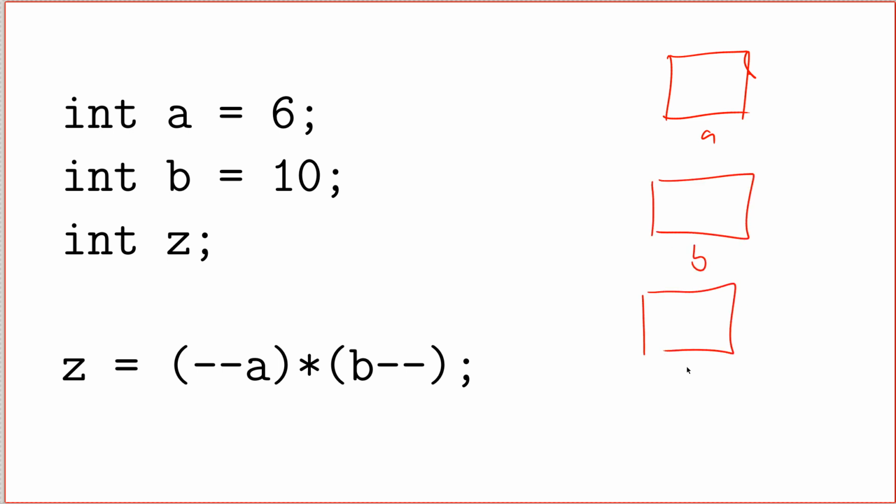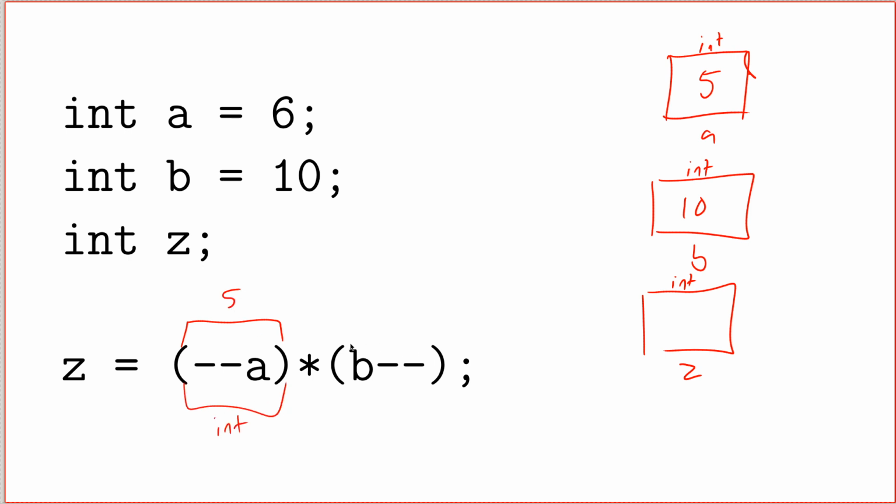We've got the widescreen version of B and Z. There we go. A is 6 and B is 10. Okay, minus minus A. This is pre-decrement. We subtract 1 from A and then send back the new value of A. So in this case, we subtract 1 from A. That brings it to 5. The value that comes out is 5, and it is an int.